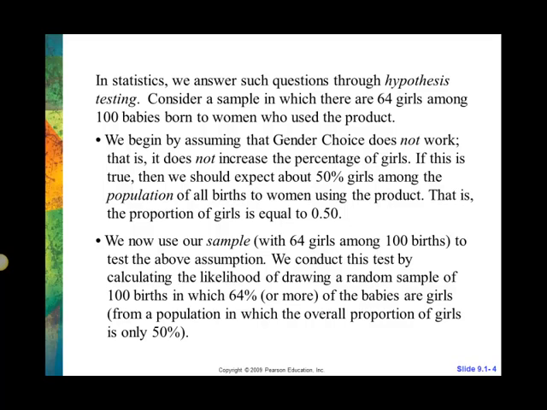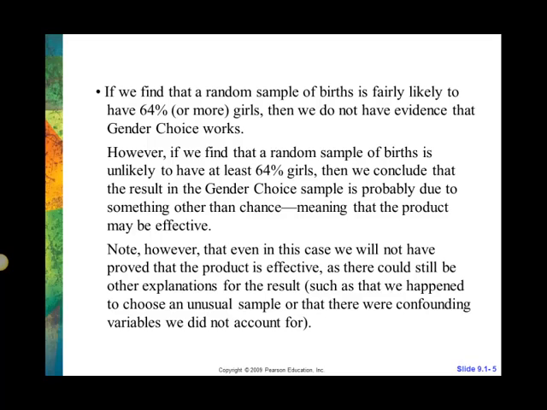We have to create tests where we have a standard, and then see what the other choice is. If we find that the 64% is unlikely, then we can conclude that yes, the product did actually work. However, if the 64% can happen by chance, then the product wouldn't have been effective.